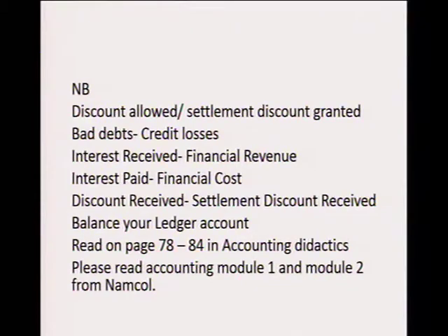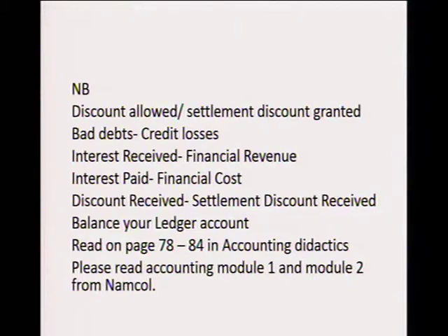They can either use interest paid, and another name is financial cost, discount received, another name is settlement discount received. It's very important to know the old names and the new names, because they can use one of them. And it's also very important that when you are done with your general ledger, you balance off your general ledger.